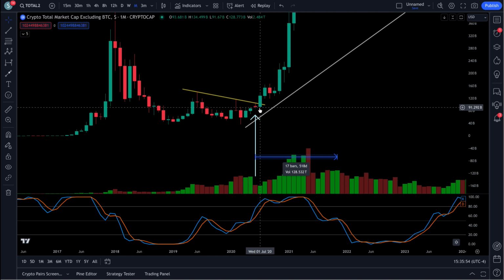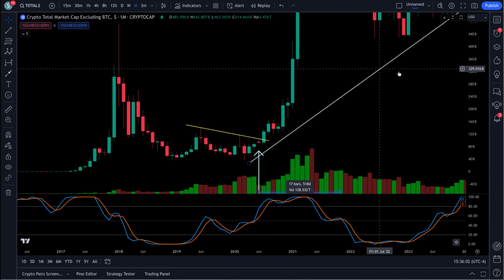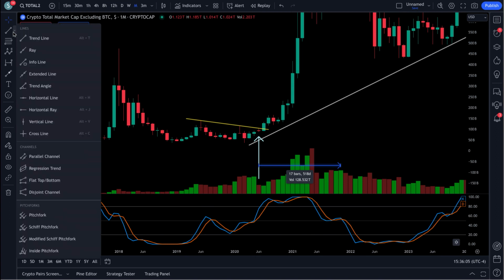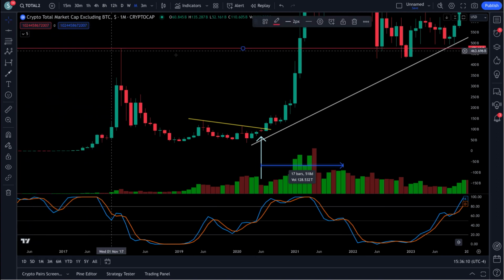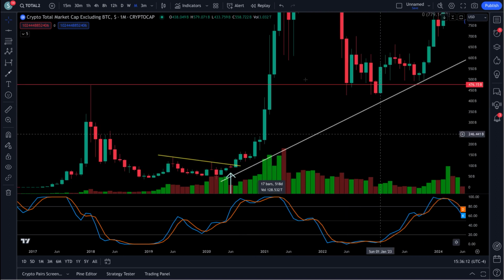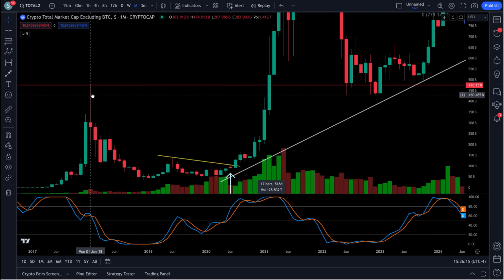Right here's June. July of 2020 is when this thing just started to break the resistance here. It didn't take out the former top until right over here. It didn't take out the previous all-time high until February of 2021 for the altcoin market.